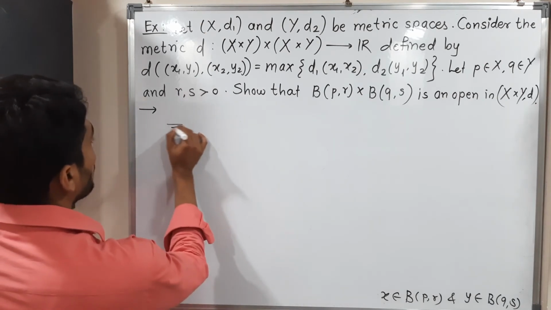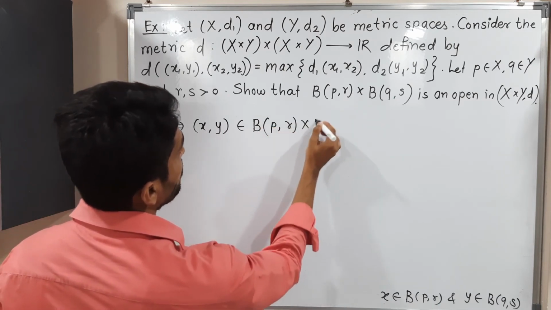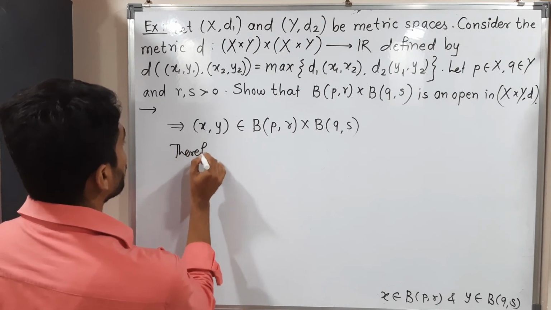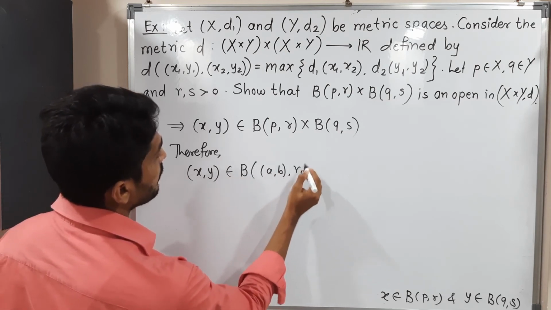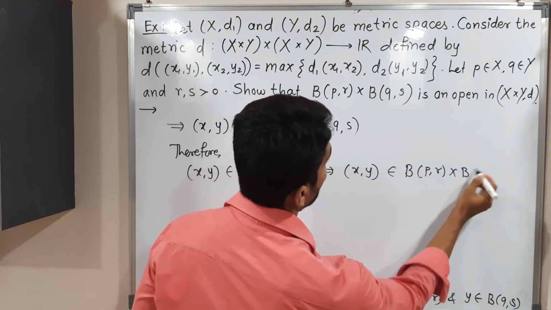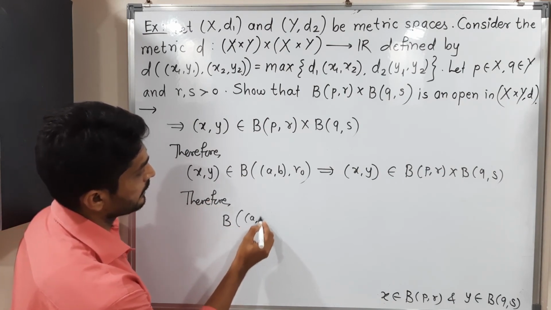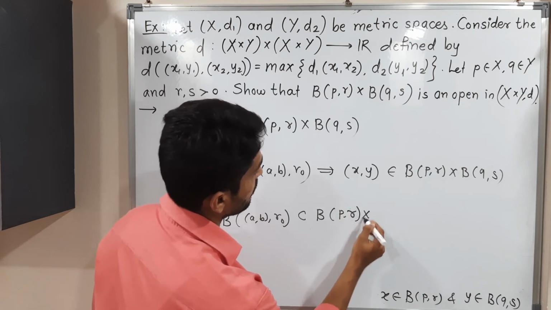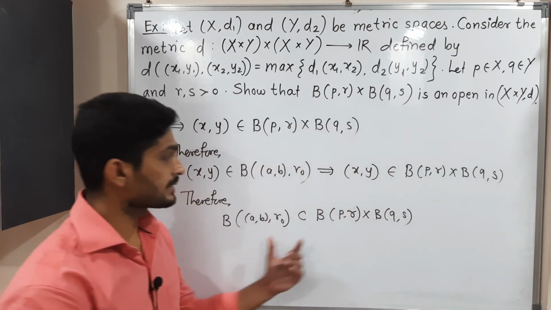Therefore (x, y) belongs to the open ball with center p and radius r, cross the open ball with center q and radius s. So we can conclude now: we took a point from the open ball with center (a, b) and radius R0, and finally proved it is in the product of these two balls.